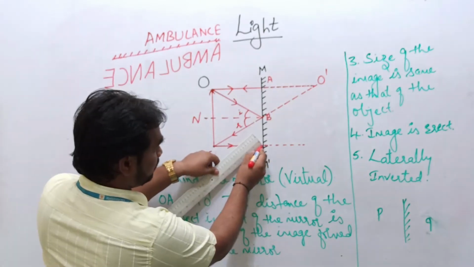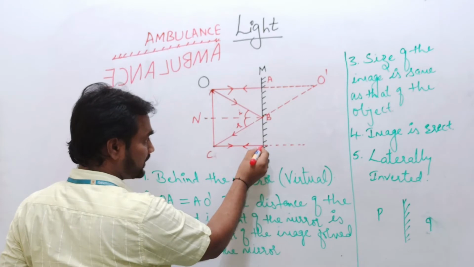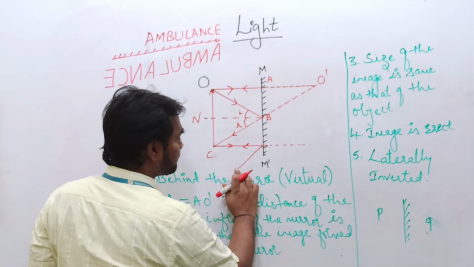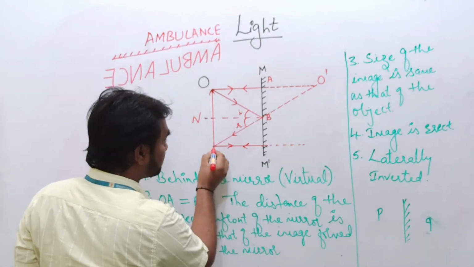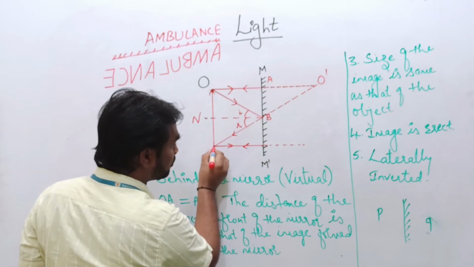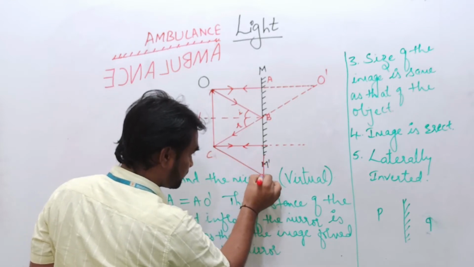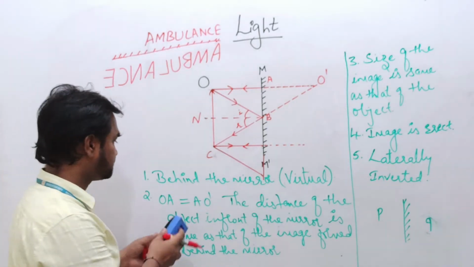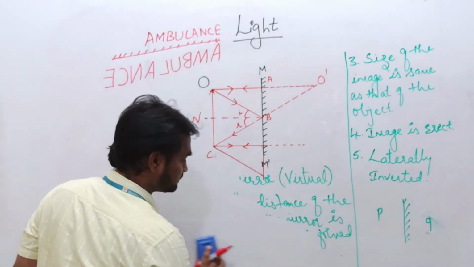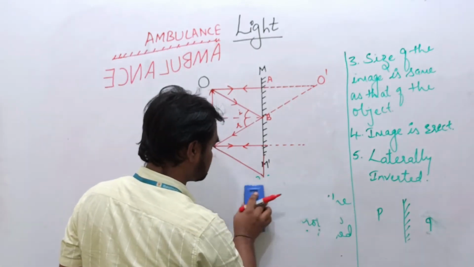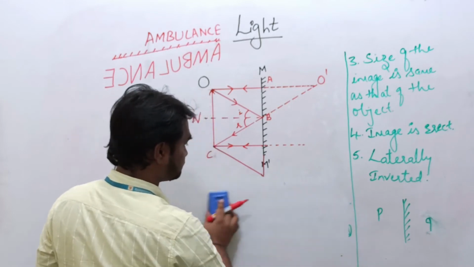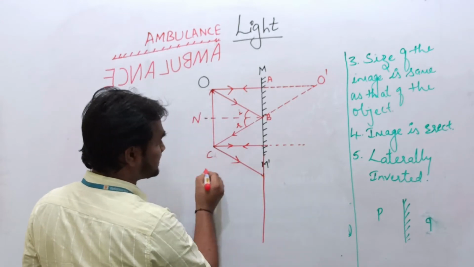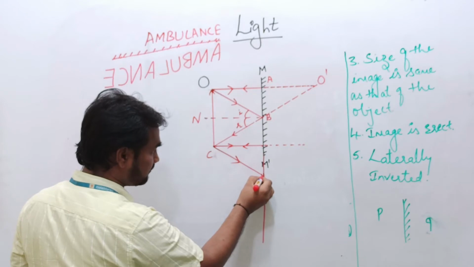From here you can draw one incident ray. I'll just show you roughly, you can try at home. This is the incident ray, and this will be the reflected ray.